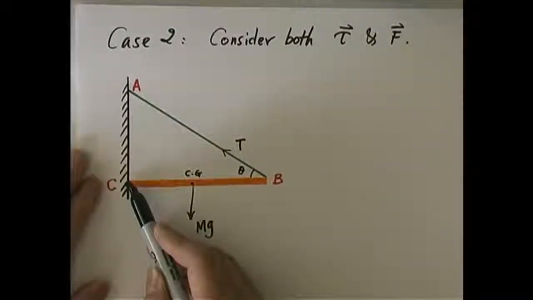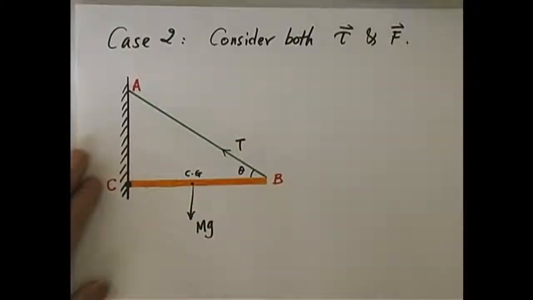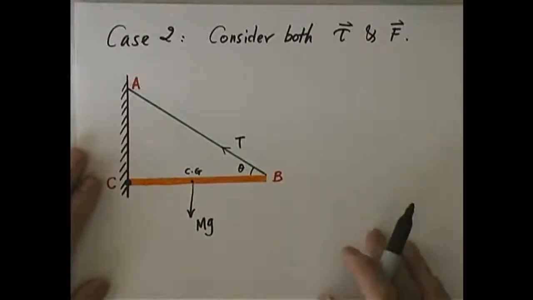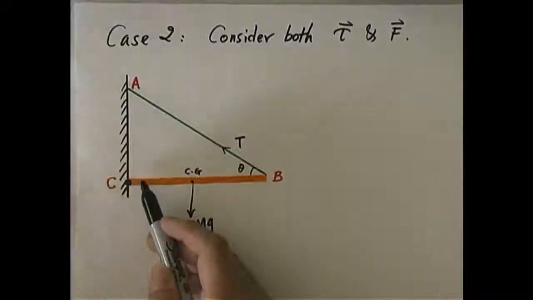As a matter of fact, as you will see, it is neither purely horizontal nor purely vertical. It has both components. But there is a force of support at point C, but we don't know exactly what it is. We're going to try to find it out.